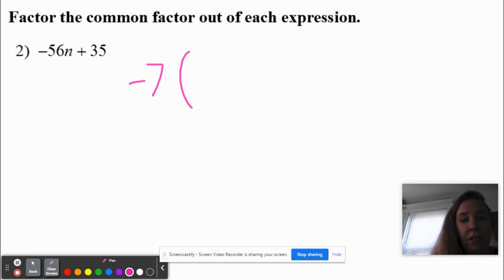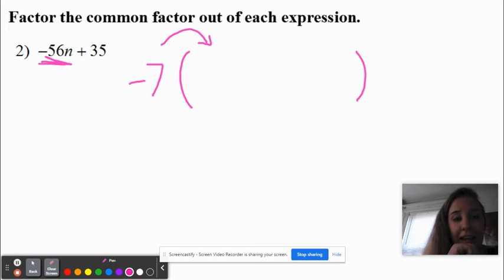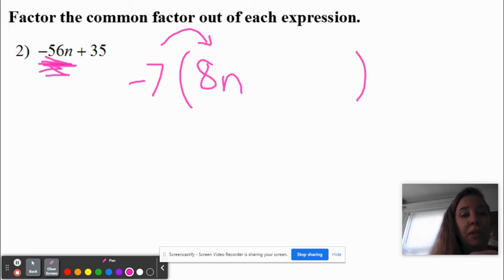Then I need to ask myself, negative 7 times what would give me negative 56n? Well, 7 times 8 is 56, so we want to keep it positive 8n, right? Because negative 7 times 8n will bring me to that negative 56n.